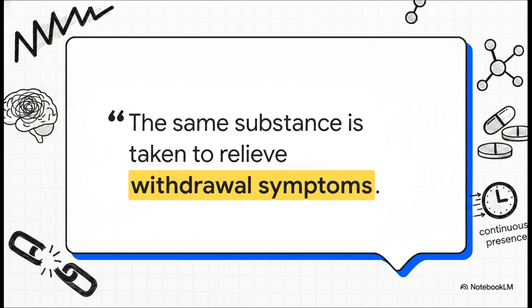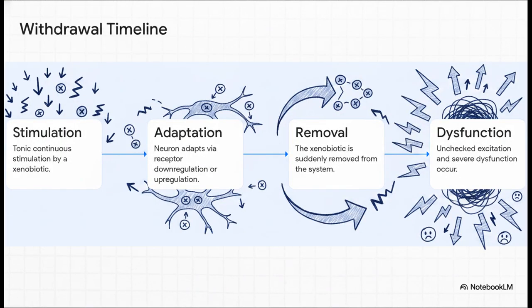It notes that a true withdrawal syndrome requires the continuous presence of a substance just to relieve or prevent symptoms. Simple tolerance? That just means you need a higher dose to feel the same high. But true physiological dependence and withdrawal mean that the constant presence of the xenobiotic is now functionally required to prevent massive systemic dysfunction. Let's walk through the exact timeline of how this actually happens, step by step.